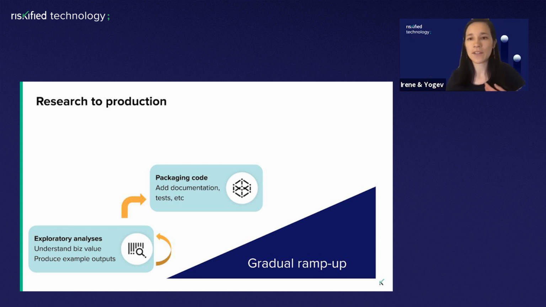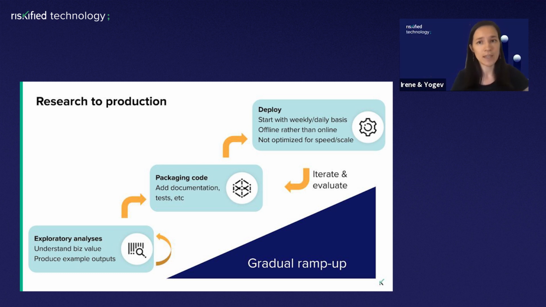And then the last step is deployment. Like in Yogev's case, he started off with this daily manual process just to make sure things were working and nothing was breaking. It started off offline, not online. It wasn't making decisions in real time as orders were coming in; we were doing it in batches. And right now we're not optimizing for speed and scale.